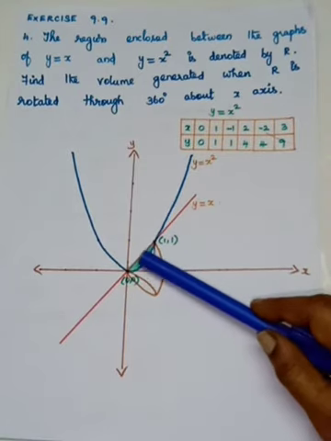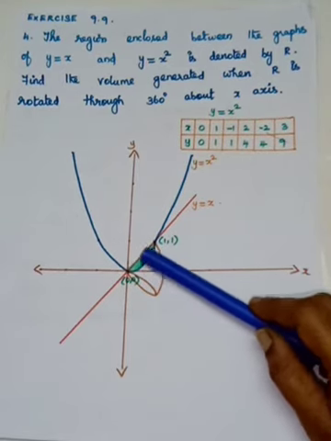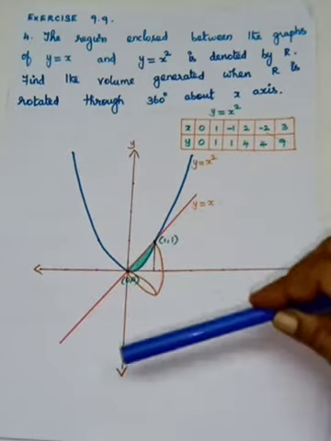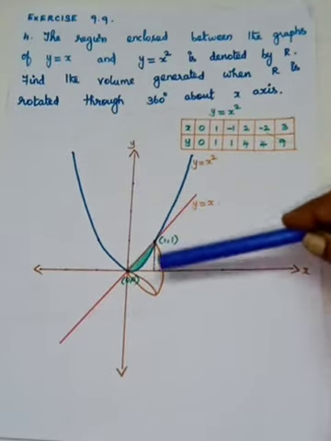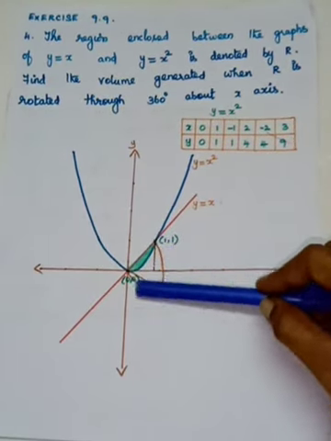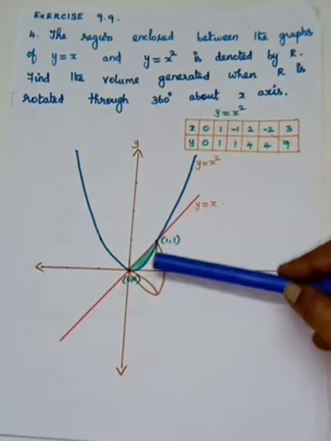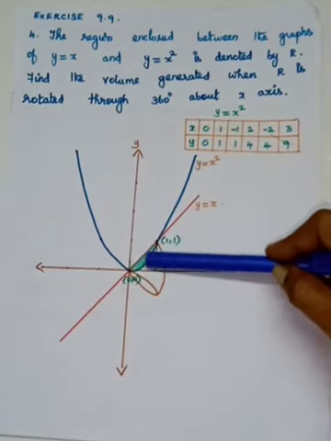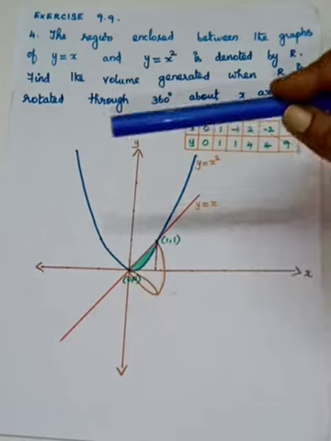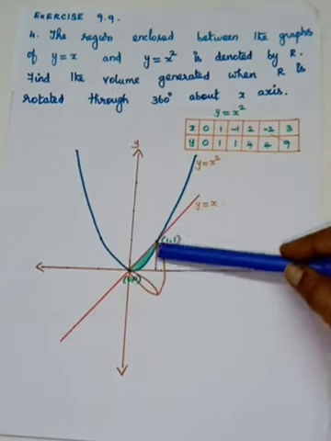It is denoted by R. When this area R is rotated about the x-axis, one full complete rotation, you will get a solid.